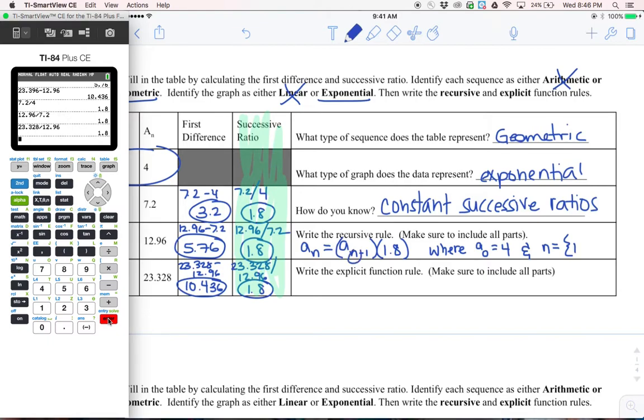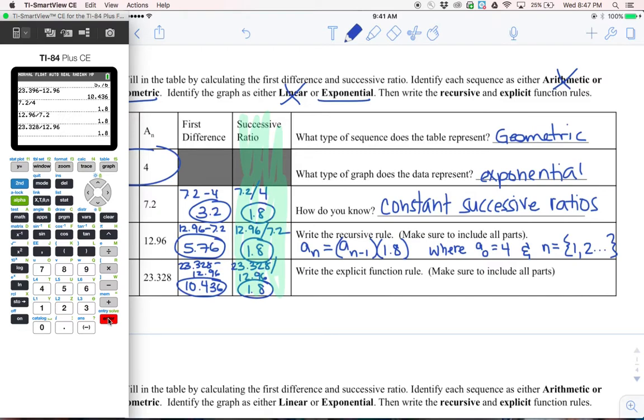If I put a 0 right here, 0 minus 1 will give me a negative, and that is not okay. So because I used n minus 1, I have to start n at 1. So 1, 2, dot, dot, dot. There you go. So all three parts: the formula, the initial amount, and the n values.